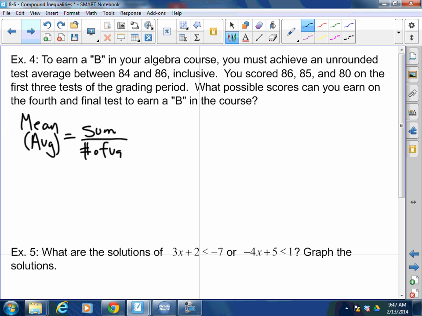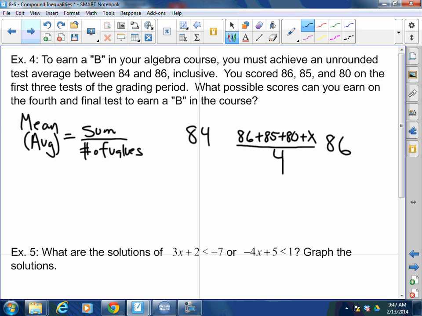Very good. Don't we want to get between an 84 and an 86? I know you want to get 100, but this particular guy, he's shooting low. So what is my value here in the center? I have an 86 plus an 85 plus an 80 plus my 4th and final test divided by 4.